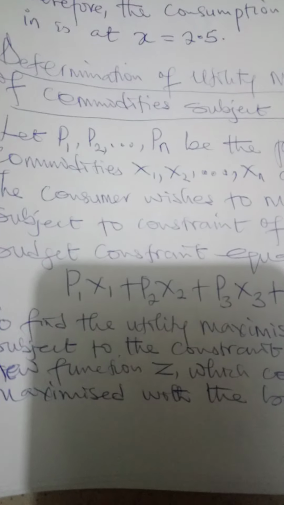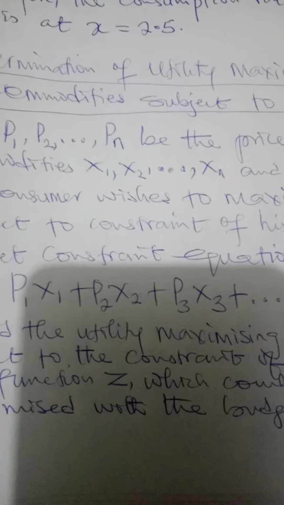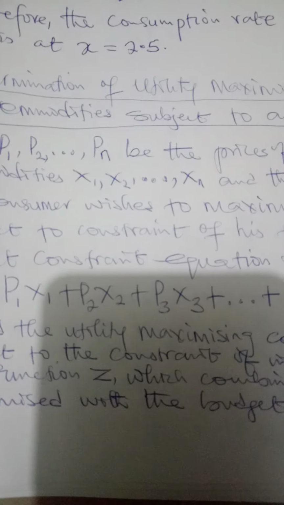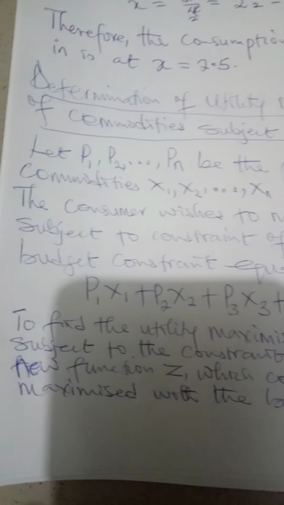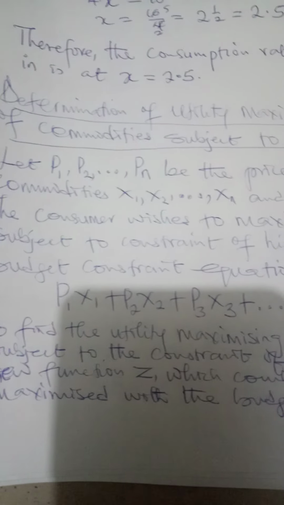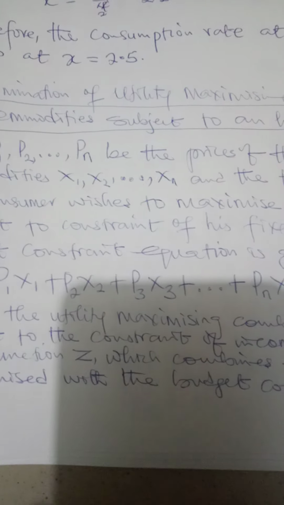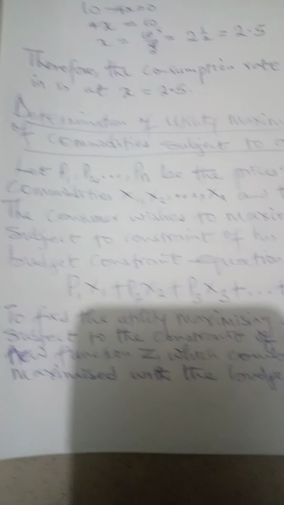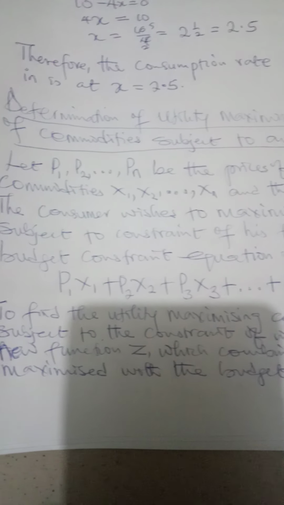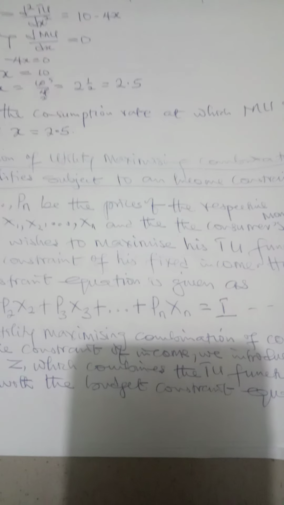So I started by saying let P1, P2, Pn be the prices of the respective commodities X1, X2, Xn, and let I be the consumer's money income subject to the constraint of his fixed income.